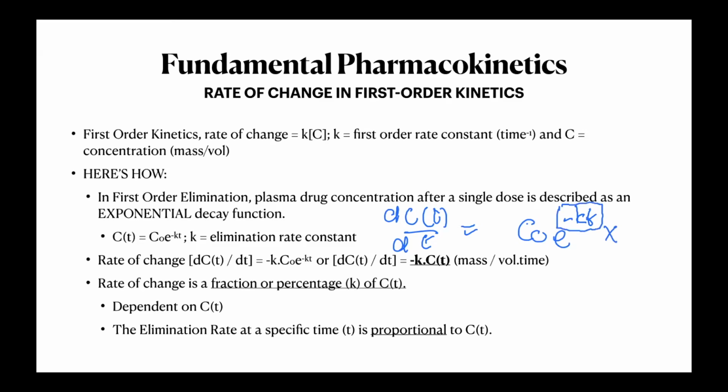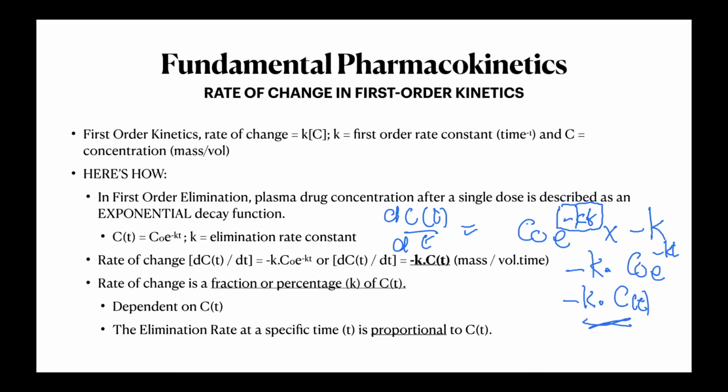And the exponent is minus k multiplied by time. So that is multiplied by negative k. In other words, the rate of change is minus k times the initial formula. But you can simply write it as minus k multiplied by the current plasma concentration of the drug.